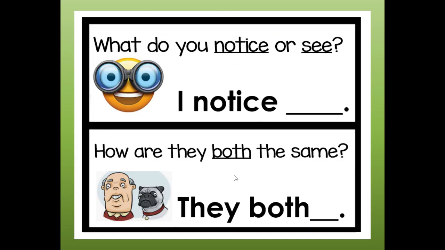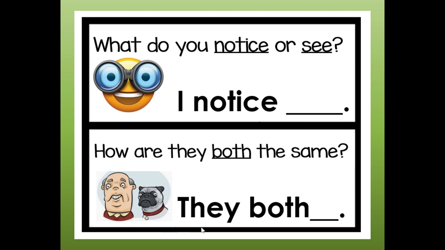Every group of pictures, I'm going to say, what do you notice or see? And then I'm going to say, I notice. And I want you to repeat that phrase, I notice, and then finish your thought. And then I'm going to ask you, how are they both the same? How are the pictures the same?